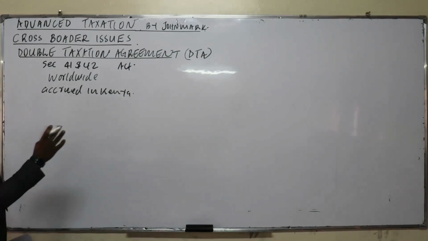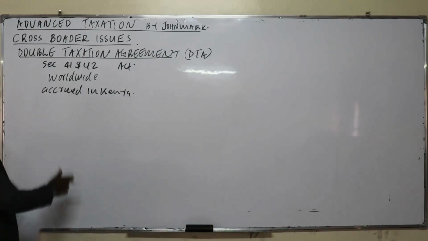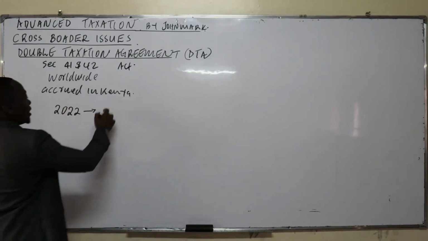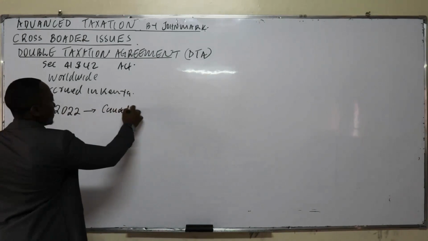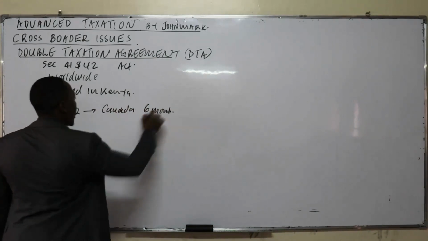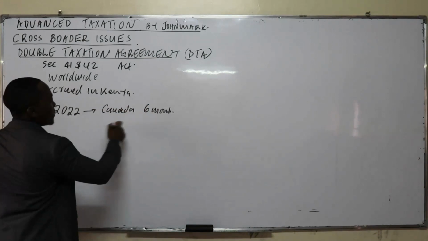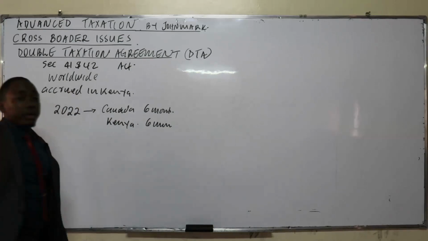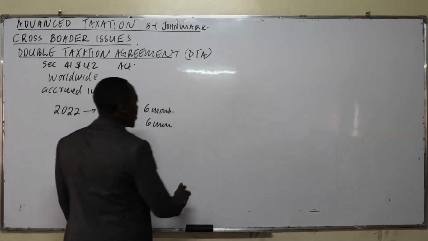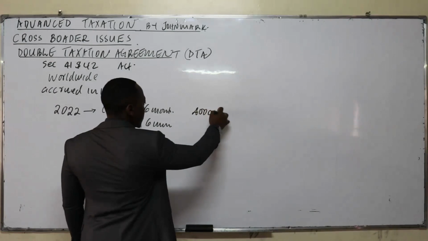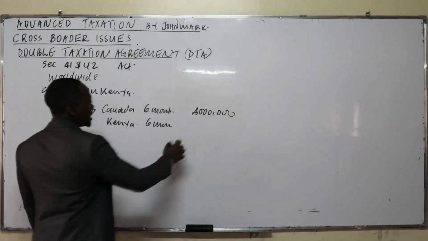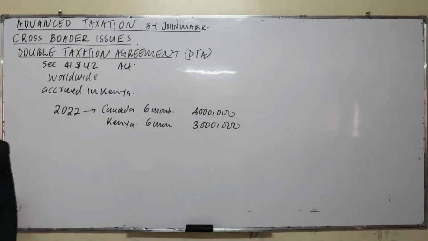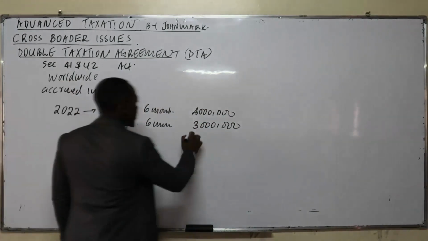Assuming that during a particular year, for example financial year 2022, you are in Canada for 6 months, and then you come back to Kenya and work for the other 6 months. In Canada, you had an equivalent of employment income of 4 million. And then in Kenya, you earned maybe 3 million. So that means during that financial year, you earned a total of how much?